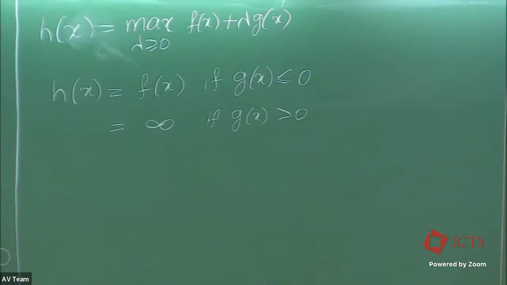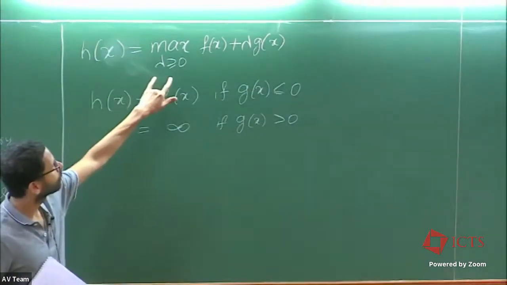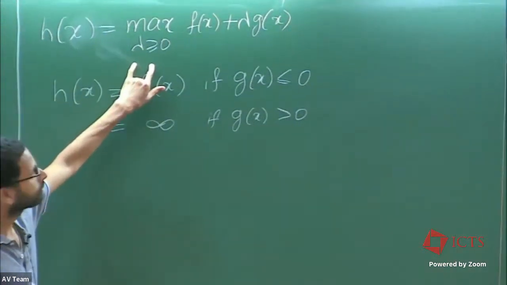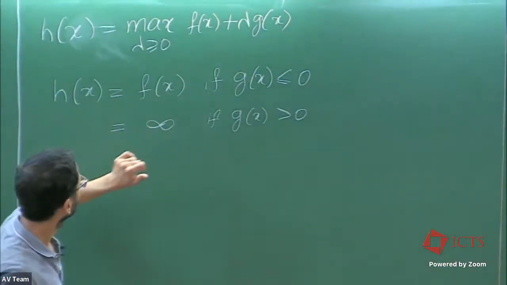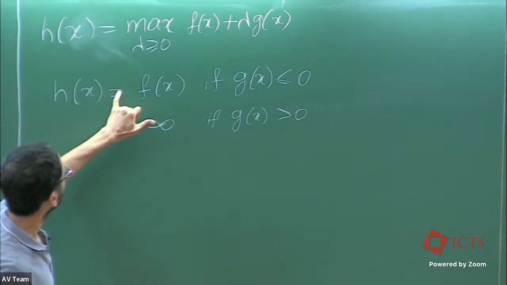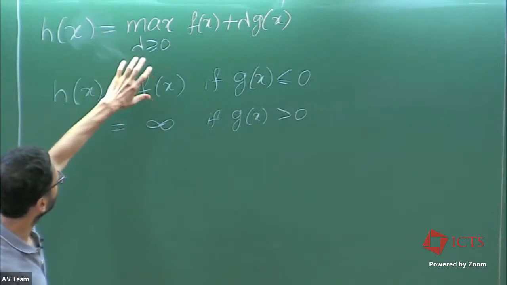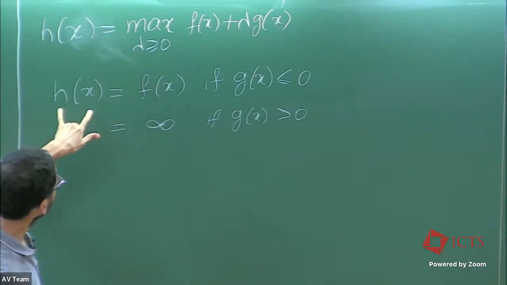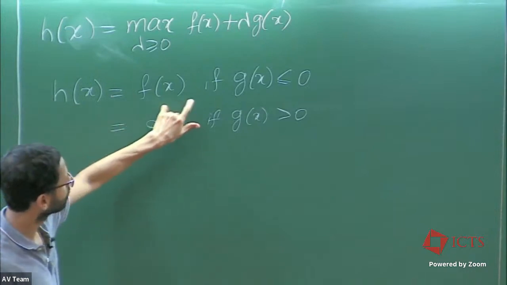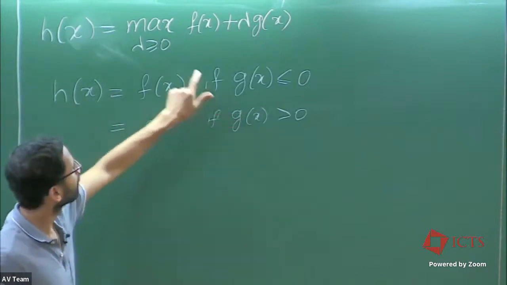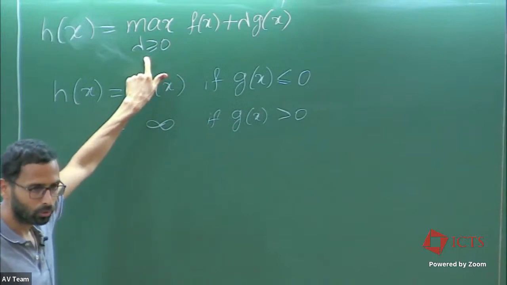Okay, so the original objective is to solve this constrained optimization problem. So we want to minimize f of x subject to a particular constraint on x, right? And when we write the Lagrangian formulation, we first write this h of x, which is max over lambda greater than or equal to 0 of f of x plus lambda g of x, and this follows easily that h of x is equal to f of x if g of x is less than or equal to 0, because the maximizer is going to be just lambda equal to 0.